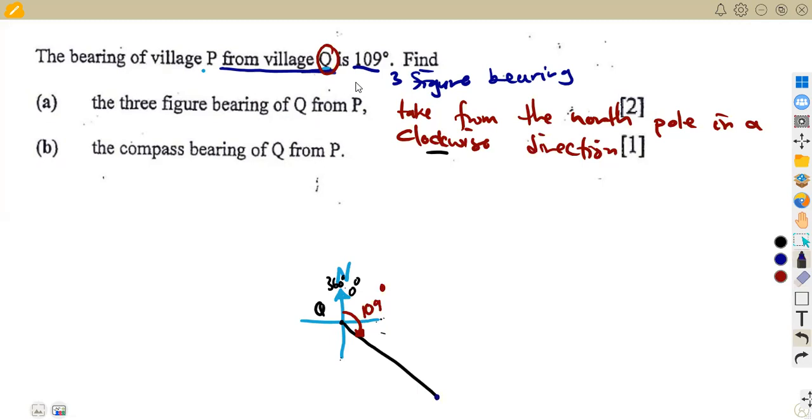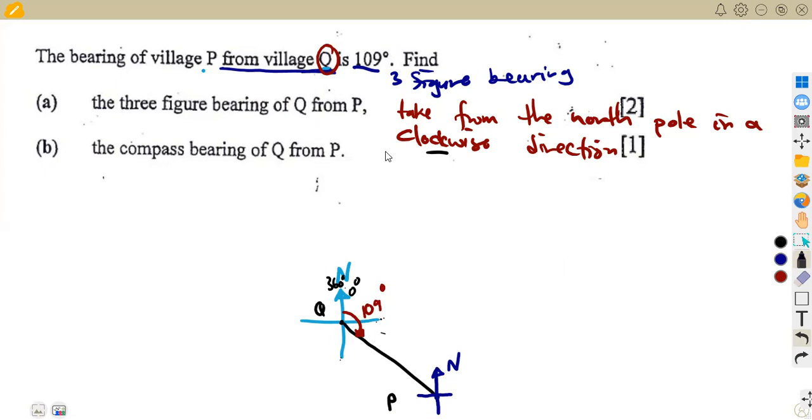We are going to indicate a north pole at that point P, because this is where we have our P. So you can just indicate a north pole for the point P. All right. So this is our north pole where we have our point P.